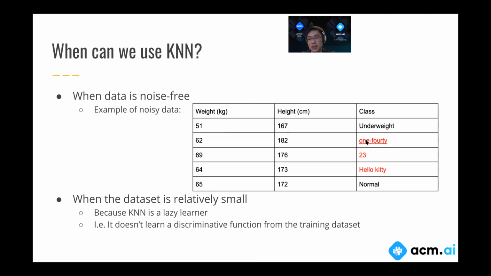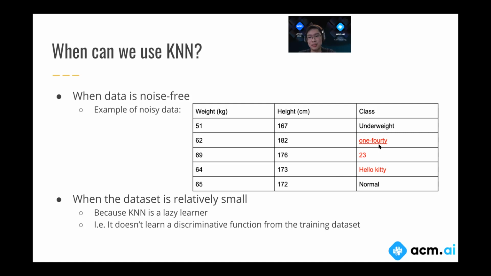As you can see, there are a lot of values that are nonsense for this machine learning problem. 140, 23, and Hello Kitty are not legitimate classes for this classification.